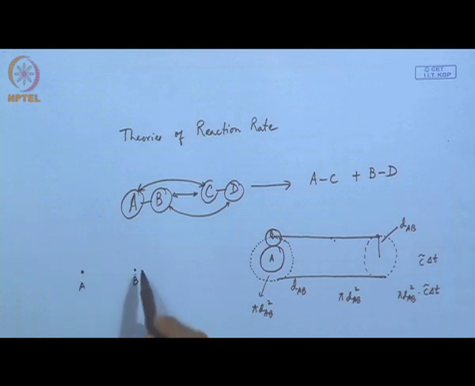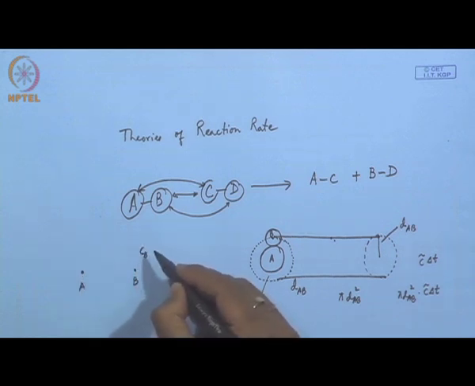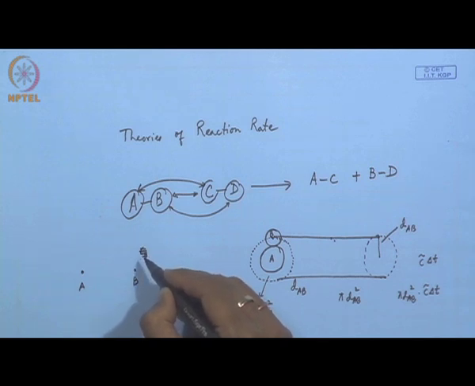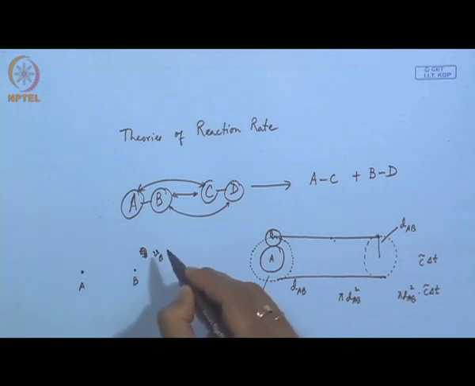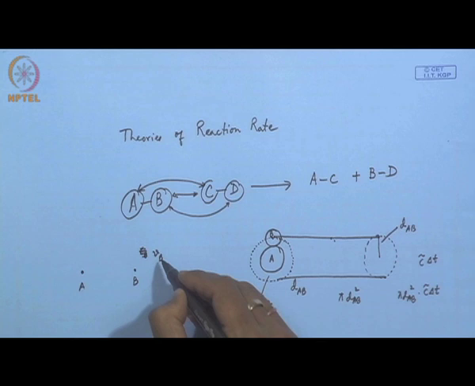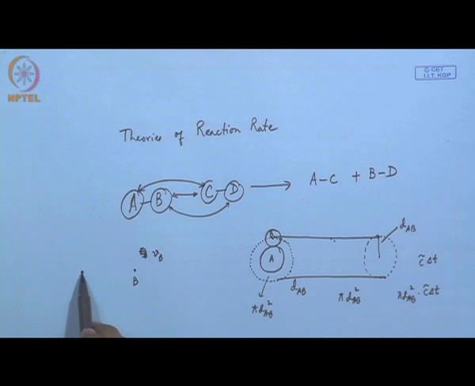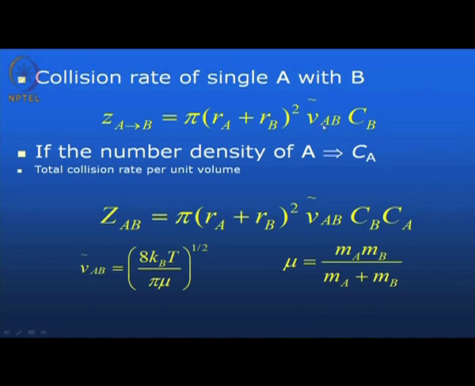Since it is static, it will be basically the average velocity of B molecules, VB. In the same way, if this is also moving, then the average velocity will be the algebraic sum of this velocity and this velocity, okay. So relative velocity will increase if this is moving and that is also moving, because that will be an algebraic sum, okay. So that is why this VAB term has been introduced.